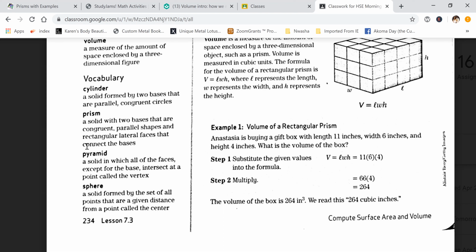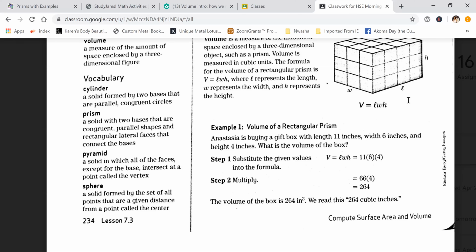So the other shape they talk about is a pyramid, and that has a square base with some triangle faces that meet at a vertex that's coming to a point, and then a sphere, which is the solid, like a ball or a balloon or the globe or something like that.